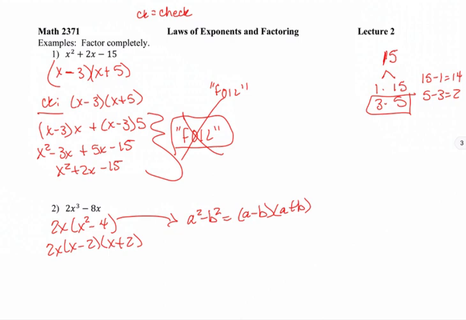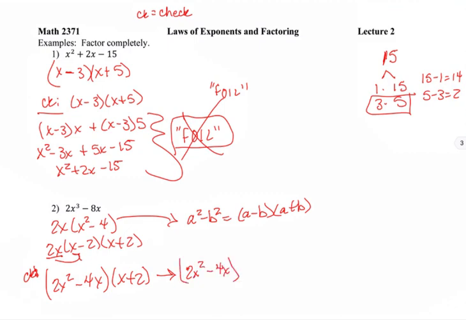So now if I check this, I'm going to multiply this through the first parentheses, so I get 2x squared minus 4x. That's times, so this is my check. 2x squared minus 4x times x plus 2x squared minus 4x times 2.